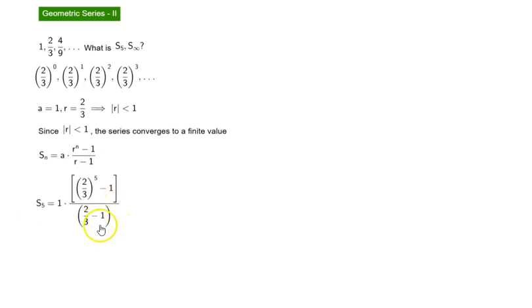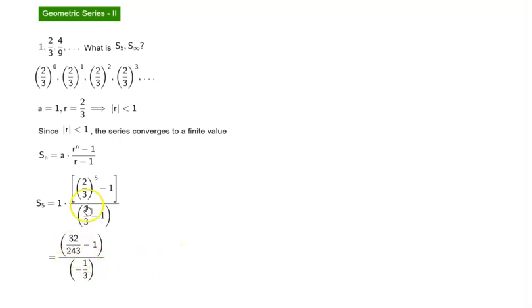So, let's apply that. We have S sub 5 is equal to 1 times ((2/3)^5 minus 1) divided by (2/3 minus 1). It's just a question of simplifying it.